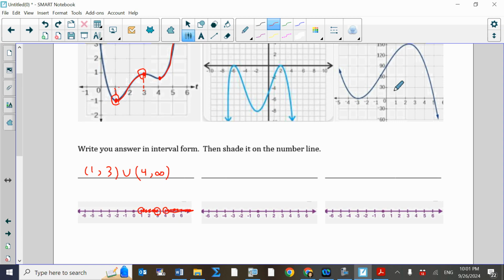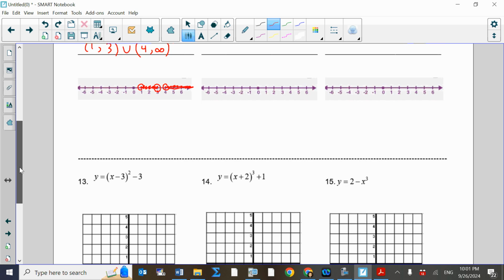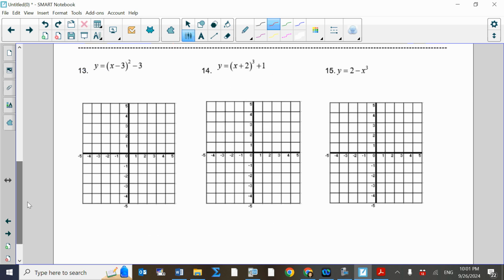You're going to do the same thing for the other questions. And here we want to find the graph of these functions. Look at the given function here. The parent function is x squared because you have a power of 2. And we know that the parent function looks like a U that is crossing from the origin.